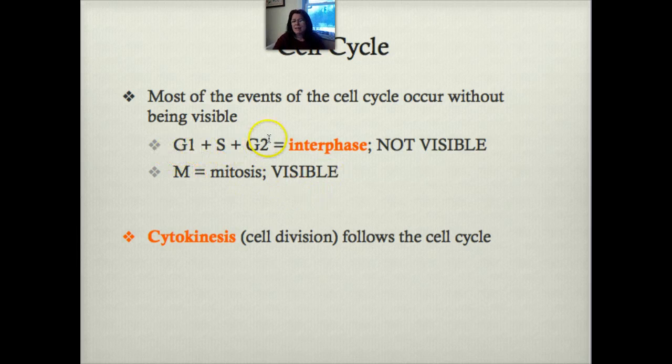After we go through interphase, G1, S, and G2, and through the M stage, mitosis in this example, then we're ready for cytokinesis, which is when the cytoplasm itself divides. And when we're talking about an animal cell, we're going to physically see the membrane of that cell pinching off in the middle so that we then have two brand new cells.